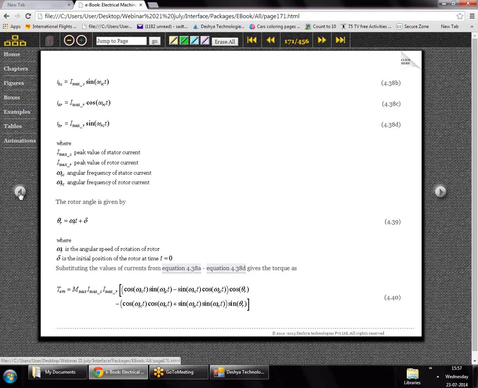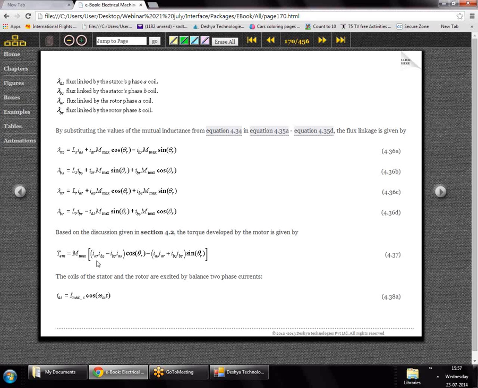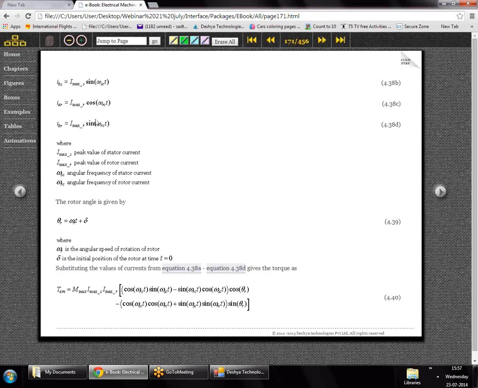And if I replace my currents IAS, IBS, IAR and IBR in equation 4.37 by these values of the current given in equations 4.38a to 4.38d, then I get this torque equation, which is 4.40. So it's for a two-phase system. We have done a similar exercise for a three-phase system.